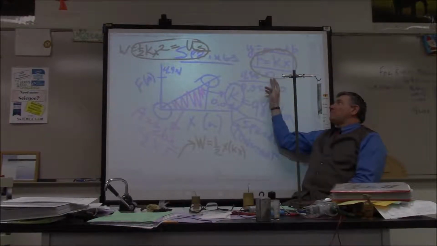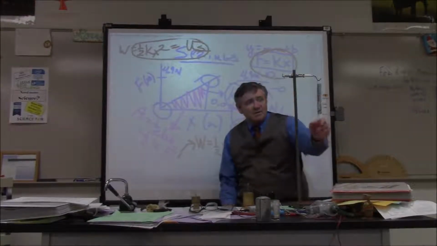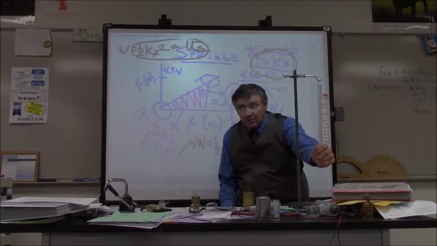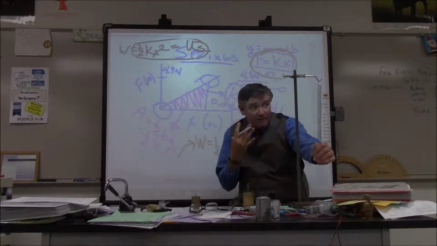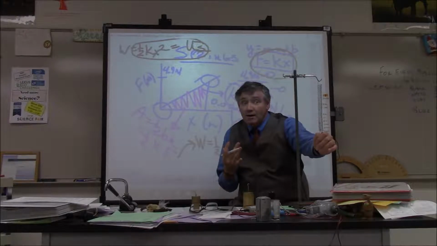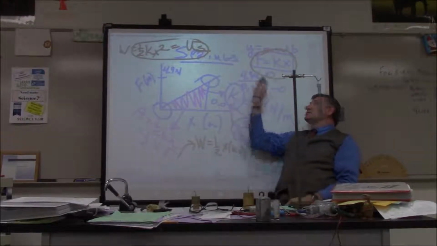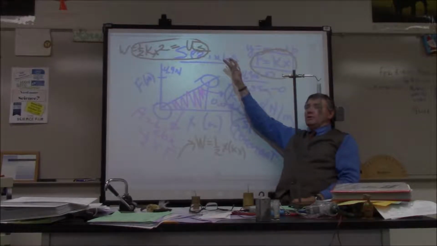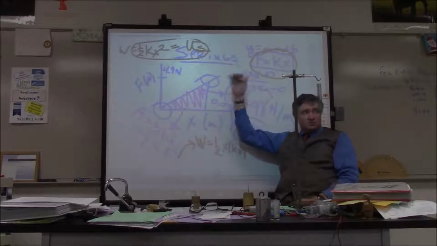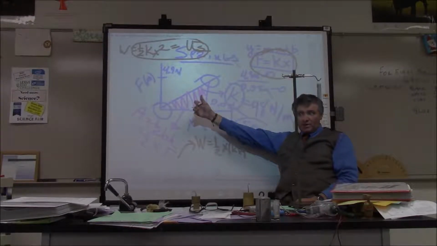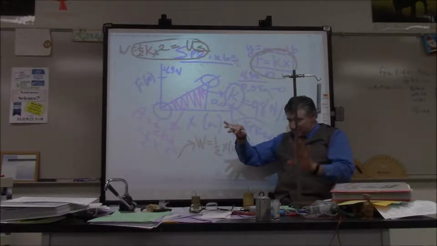Now, but if I double my elongation, what happens to the amount of energy that I store? It quadruples. That goes up by a factor of 4. Why? Because it's squared. So doubling the distance doubles the force, but it quadruples the energy that's stored. Okay? Because one's linear and one's a quadratic function. Good with that? No worries there.